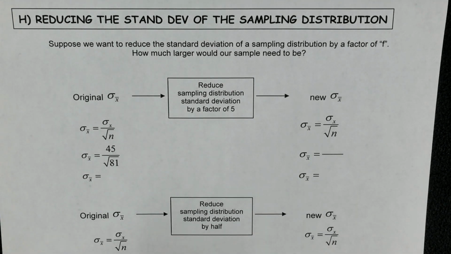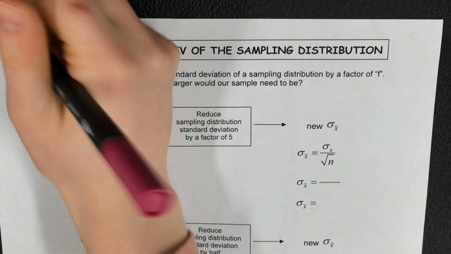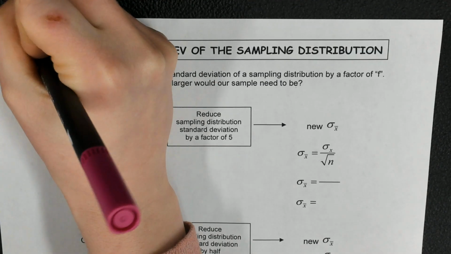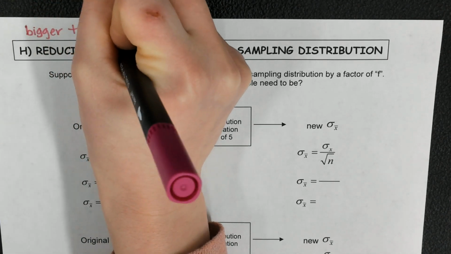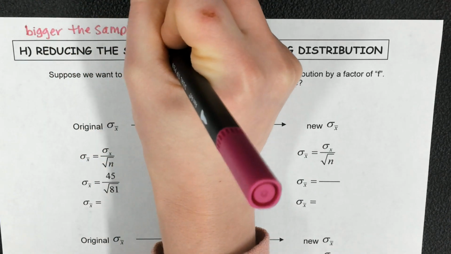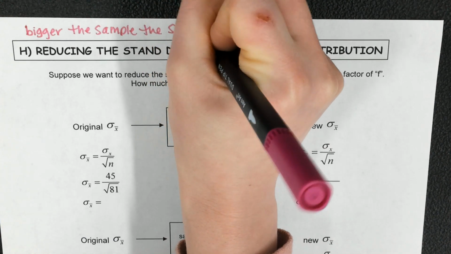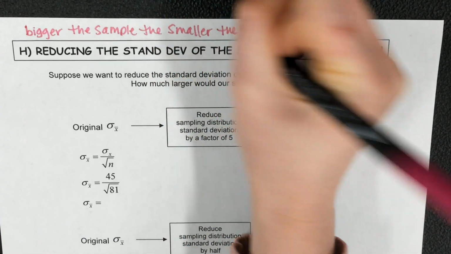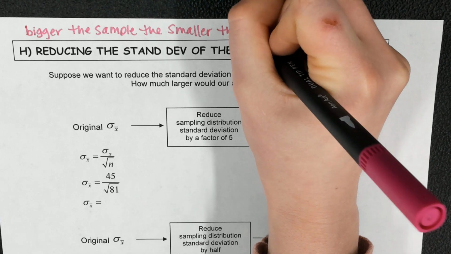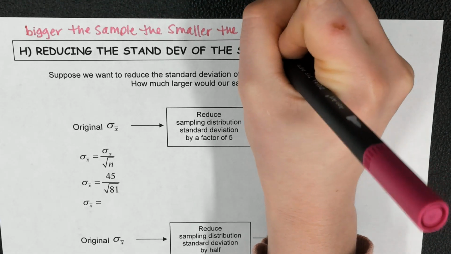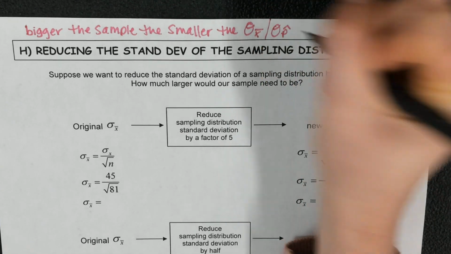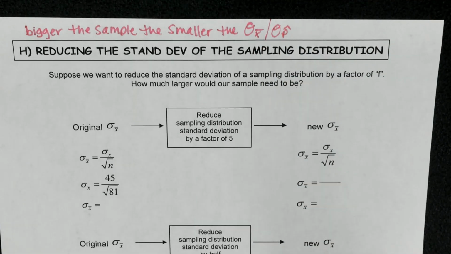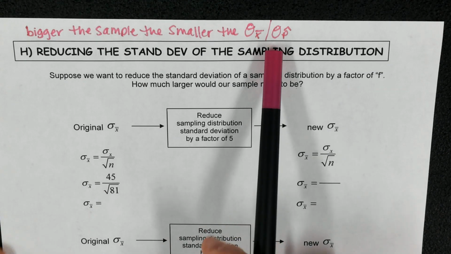As we've talked about before in class, the bigger the sample, the smaller the standard deviation of your sampling distribution, whether that's your standard deviation or whether this is your standard deviation. Either way, bigger sample, smaller standard deviation of your sampling distribution.